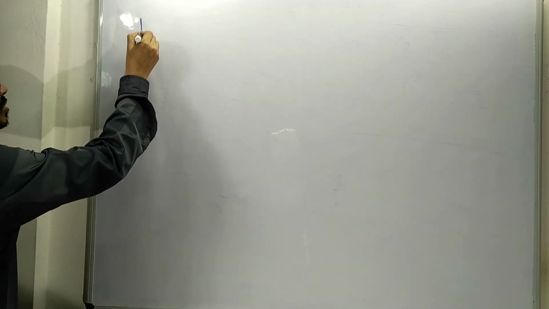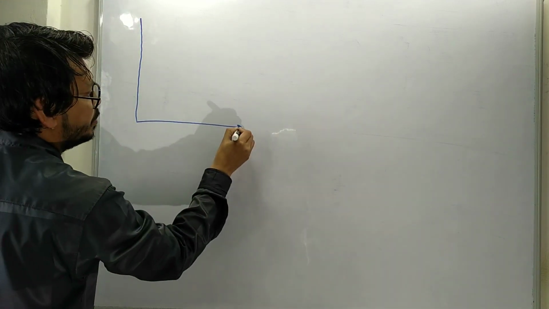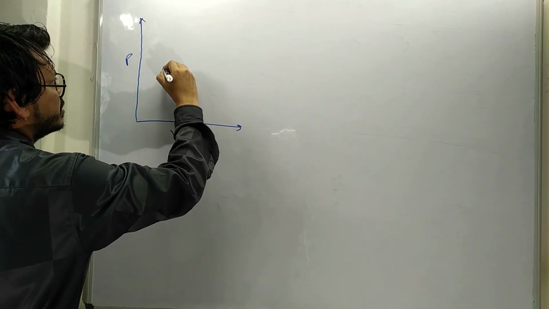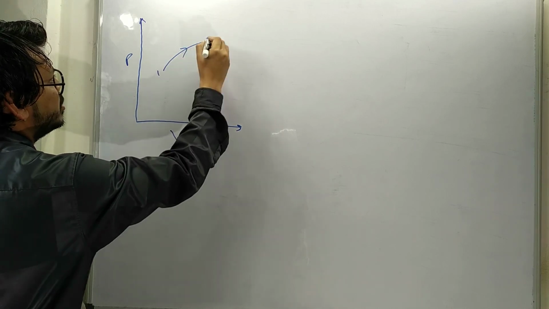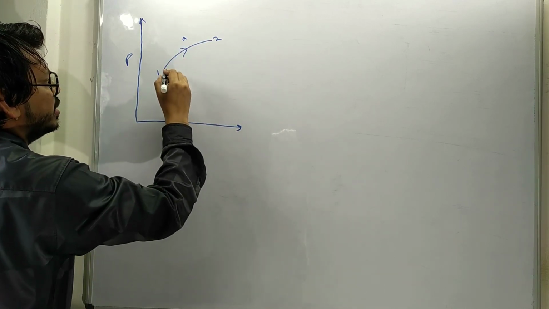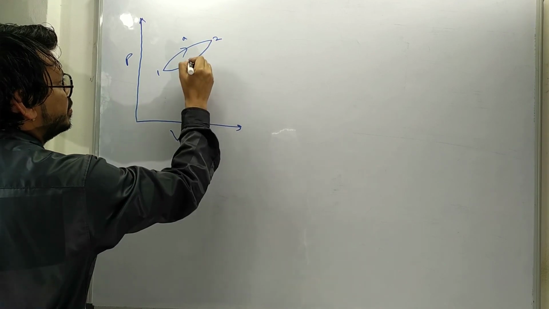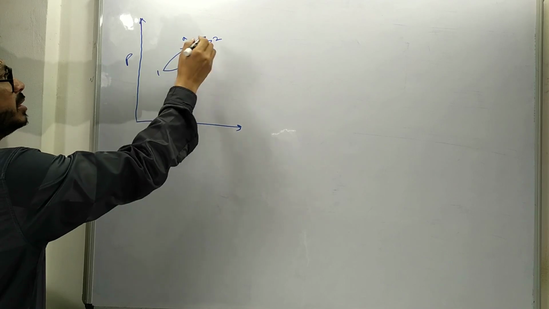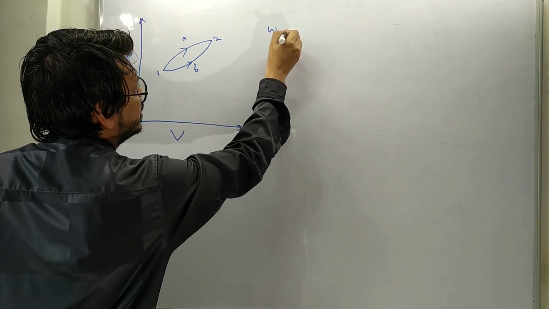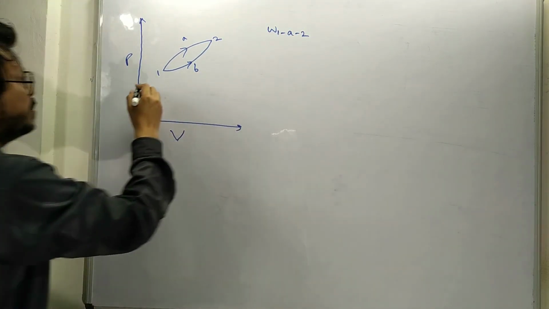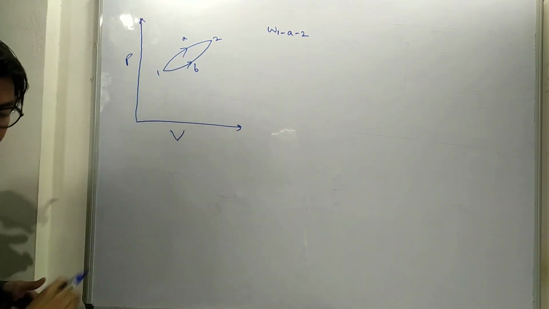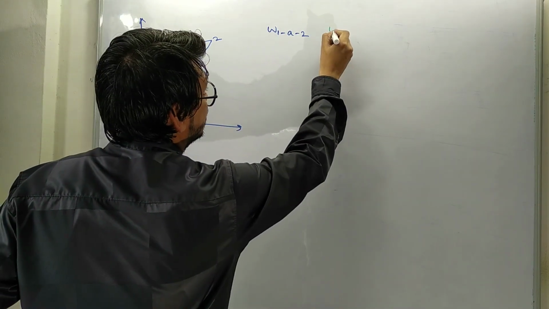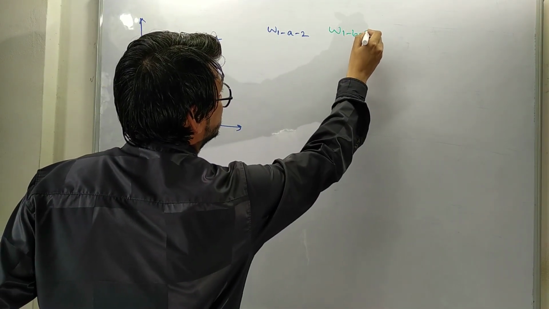Now let us consider process on PV diagram. This is our PV diagram, and this is a process which is going through state 1 to state 2 via path A and also via path B. So the work done by the process 1A2 can be written as W1A2, and work done by the process 1B2 can be written as W1B2.